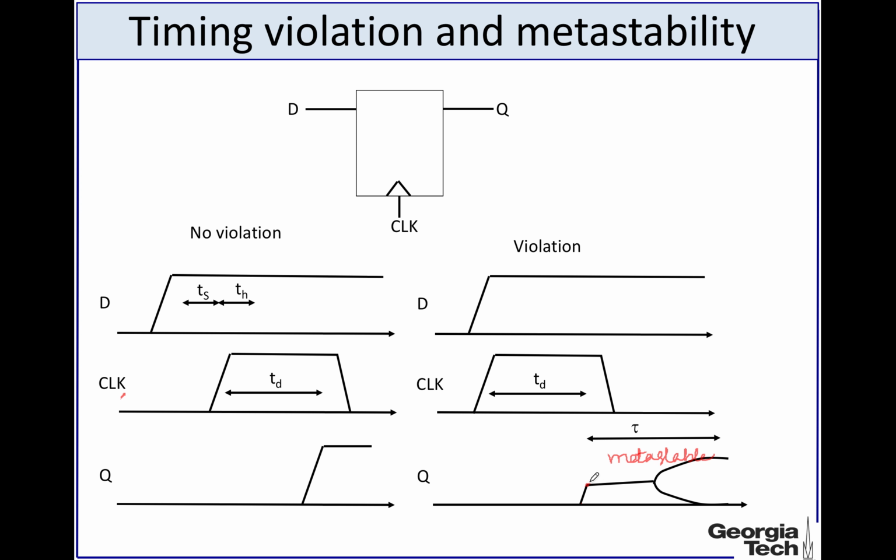and once it goes into the metastable state, it has an equal probability of going into logic state 1 or logic state 0. Now when it goes into the metastable state, the goal is to make sure that it quickly goes into either a 0 state or a 1 state.